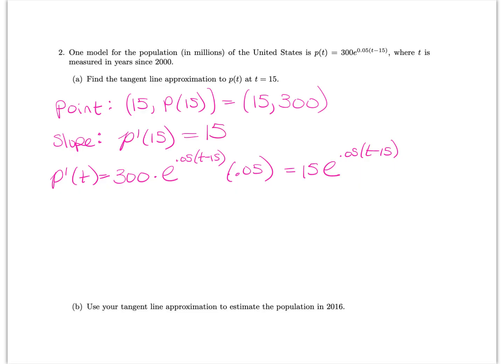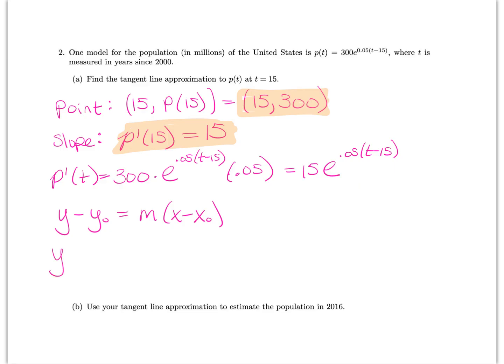So I've got a point, and I've got a slope, and I should be able to find the equation of the line. So it's going to use y minus y0 equals m times x minus x0.